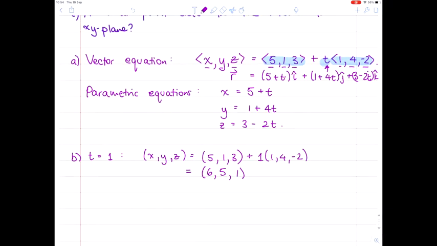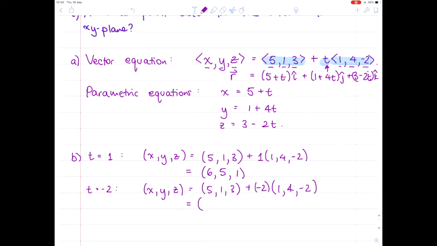And you could pick any other value of t that you like. For example, let's take t is equal to minus 2. Then we get the point x, y, z equal to 5, 1, 3 plus minus 2 times our direction.